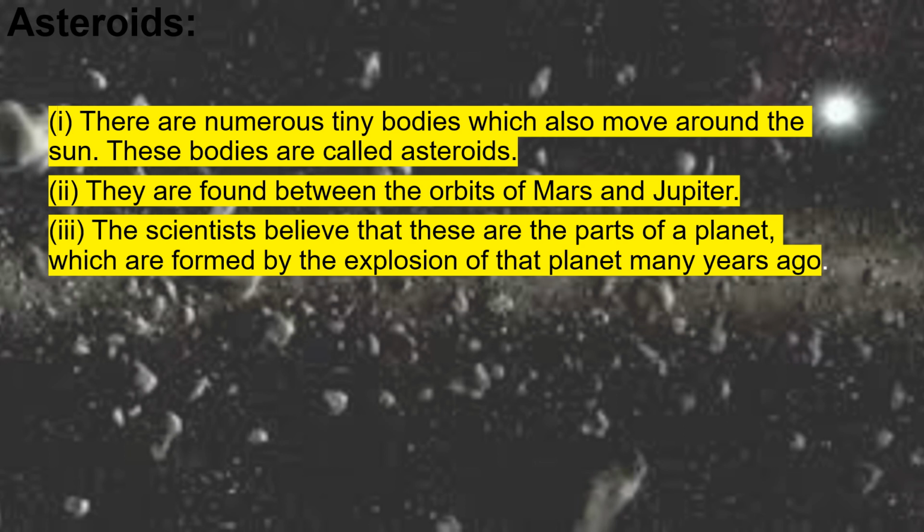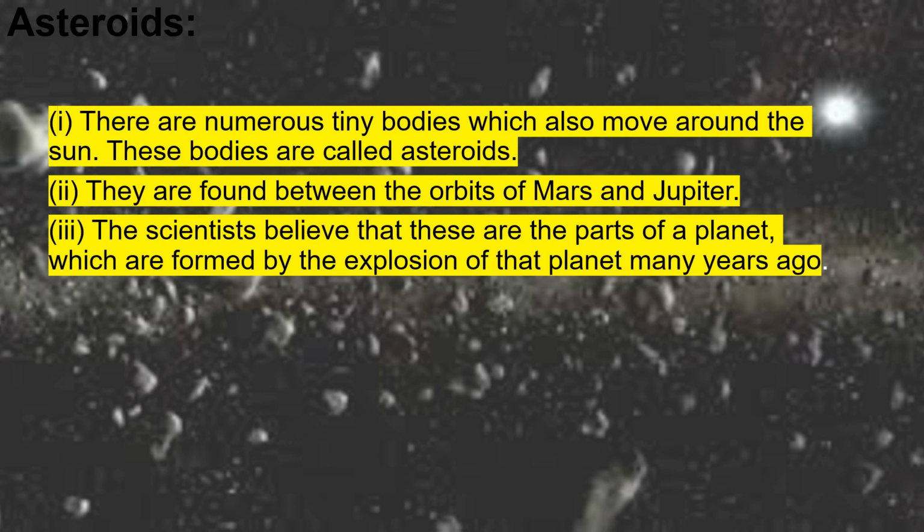Guys, these topics are very small as per our syllabus, but quite deep to understand. So what are asteroids? There are numerous tiny bodies which revolve around the sun. These tiny bodies are called asteroids. They can be small parts of planets, like some planets made up of rocks, or parts of stars, or simple rocks present in our solar system.